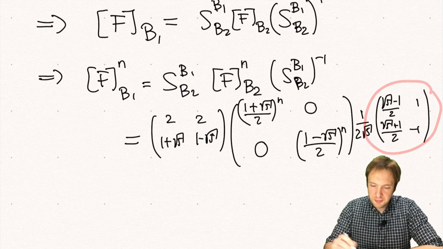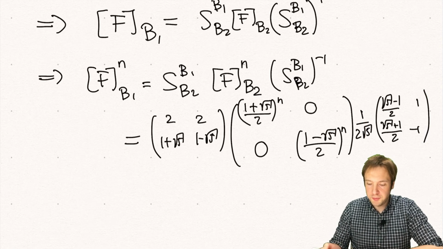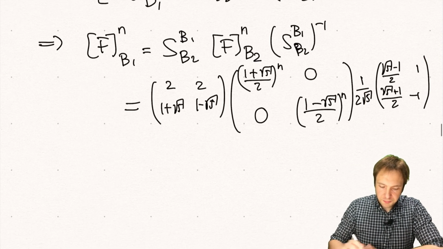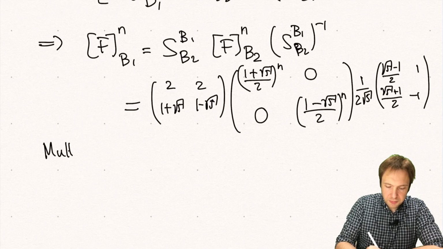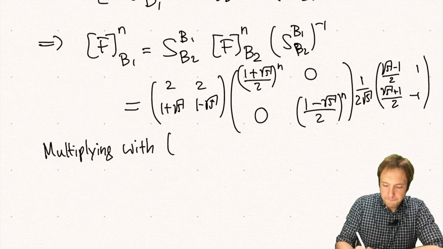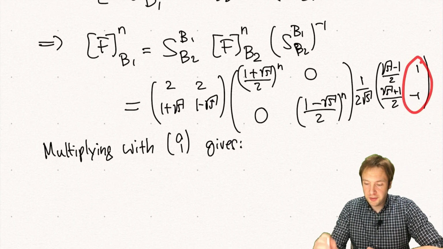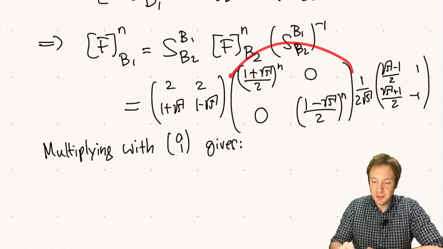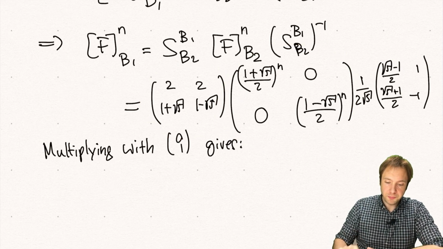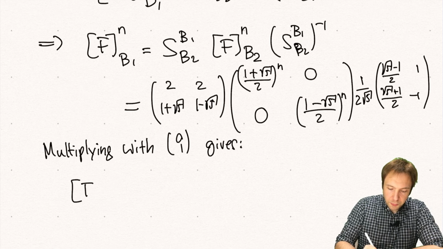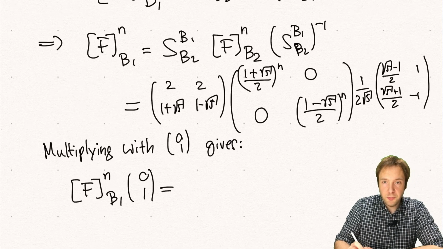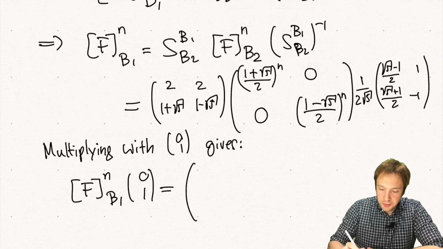So you see here it's quite easy, because here we basically just take the second column, get the vector 1, minus 1, and then we can multiply it with this matrix and with this matrix. So in total we get that if we multiply this with 0, 1, we get the following explicit formula.